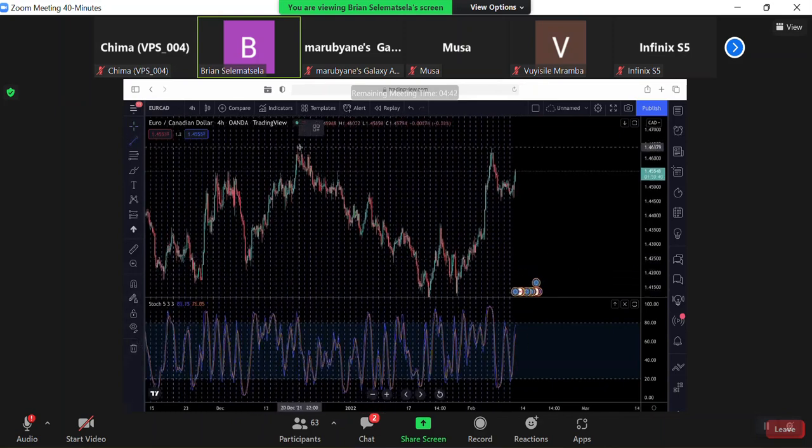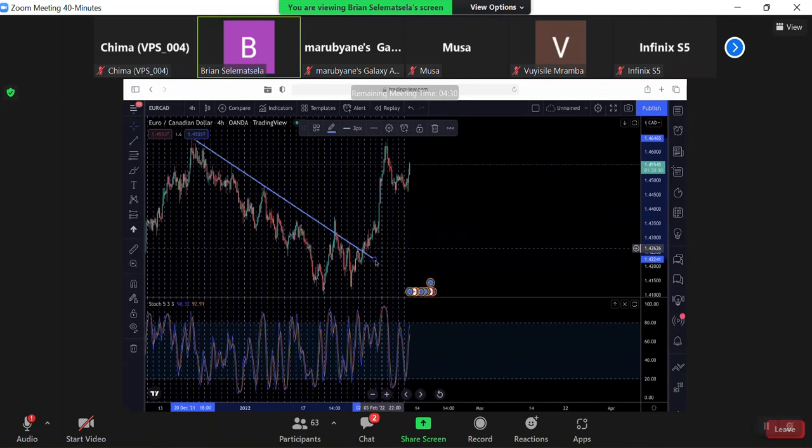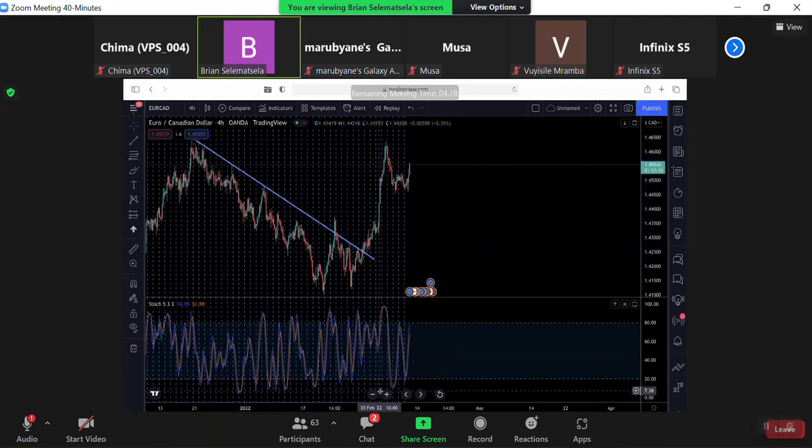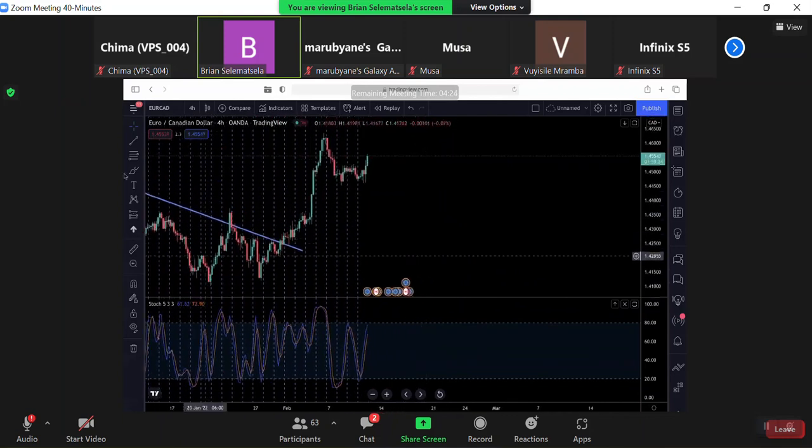Because looking at this, simply extending this line, today it's even a footprint line on its own. So it was broken. After it got broken, there was a very big divergence that happened here.